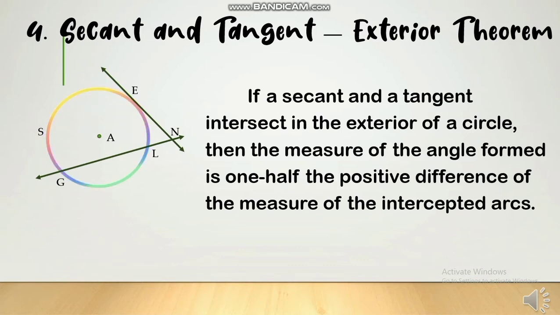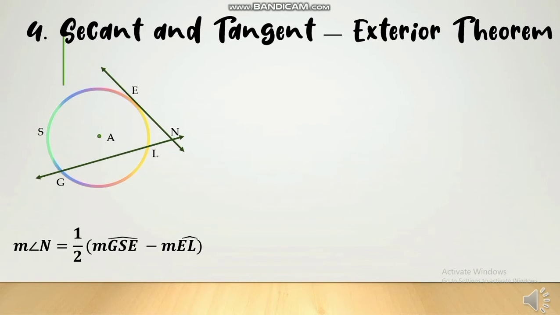So what will be the measure of angle N? The measure of angle N is equal to 1/2 times the difference between the measure of arc GSE and the measure of arc EL. So, for example, the measure of arc GSE is 190 degrees and the measure of arc EL is 80 degrees.